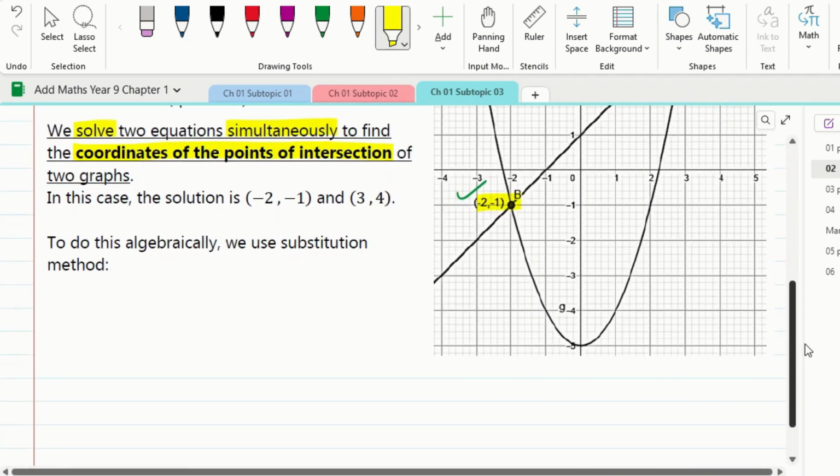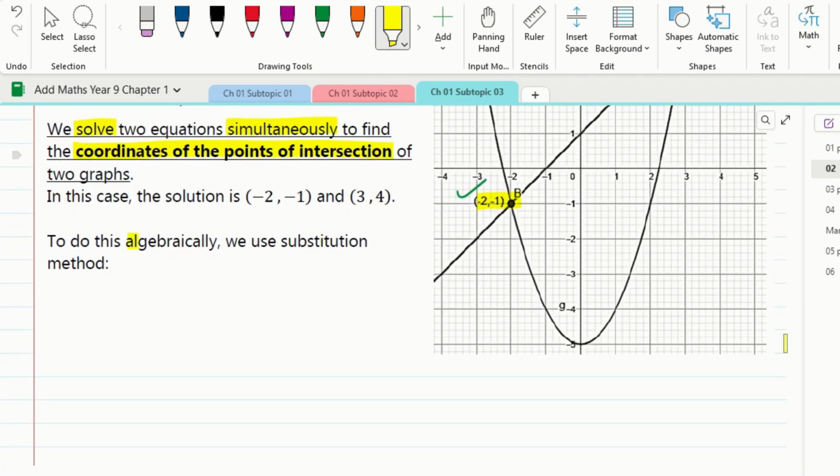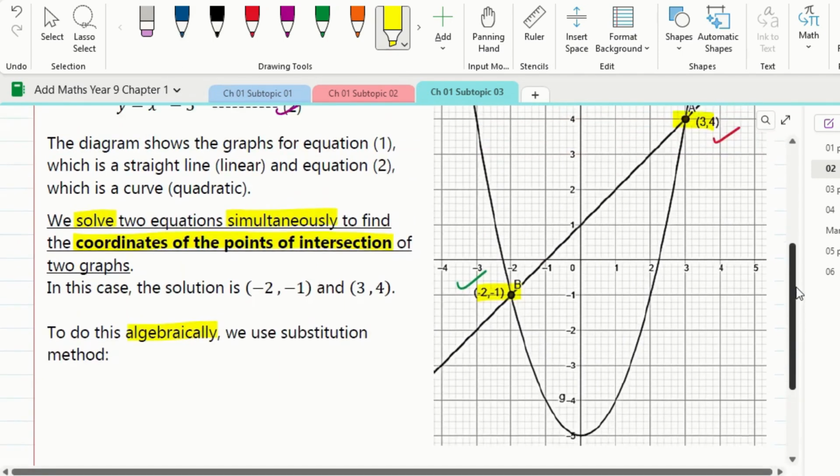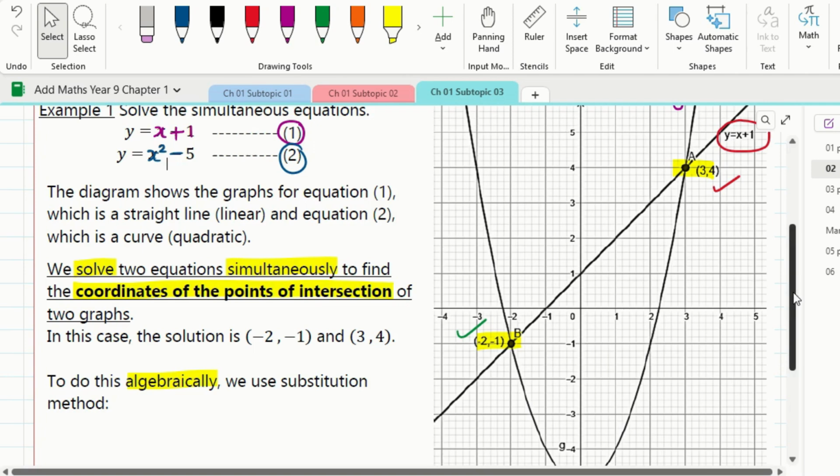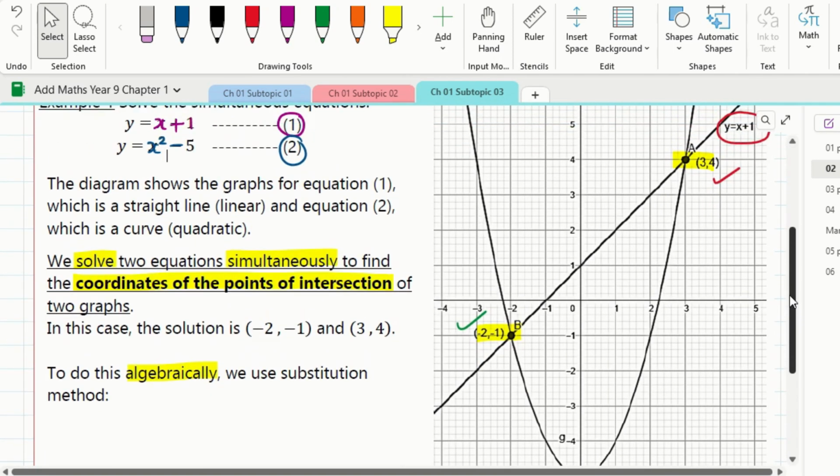So let's have a look at how we solve this algebraically, using the substitution method. Equation number 1 is linear and has a subject of y, so this is x plus 1, and equation number 2 is the quadratic part. When you use the substitution method, you can substitute one of them into the other.